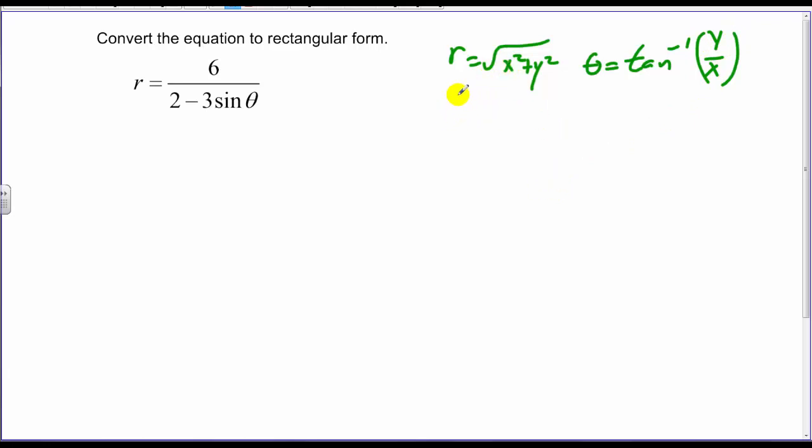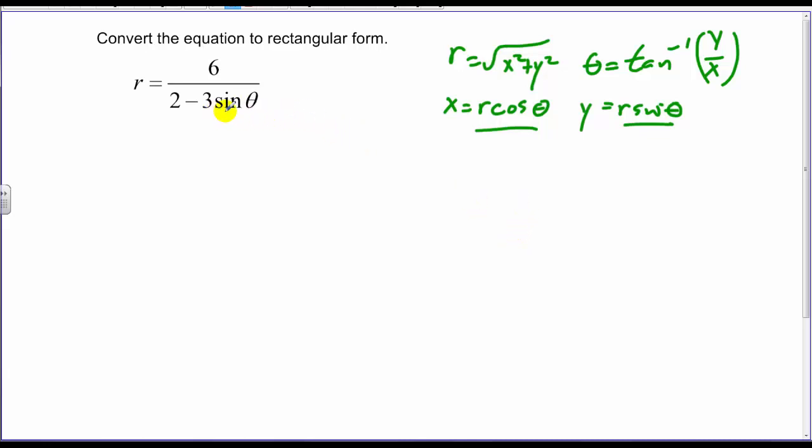But I have a couple other known identities where x is equal to r cosine theta and y is equal to r sine theta. Anytime I see r sine theta or r cosine theta, I can just substitute an x or a y in.